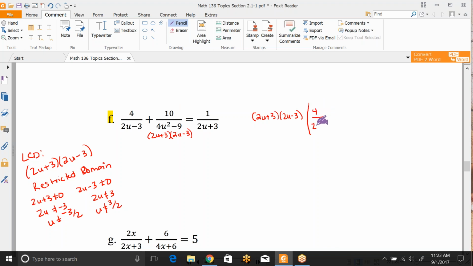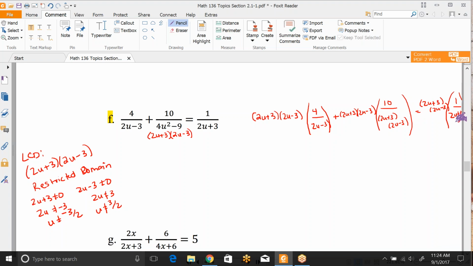So times the first fraction, and then plus 2u plus 3, 2u minus 3, times the second fraction, and I'll go ahead and leave that bottom in factored form, 2u plus 3, 2u minus 3. Trying to write small so I don't run out of room. And then equals the LCD, 2u plus 3, 2u minus 3, times the final fraction, which is 1 over 2u plus 3.